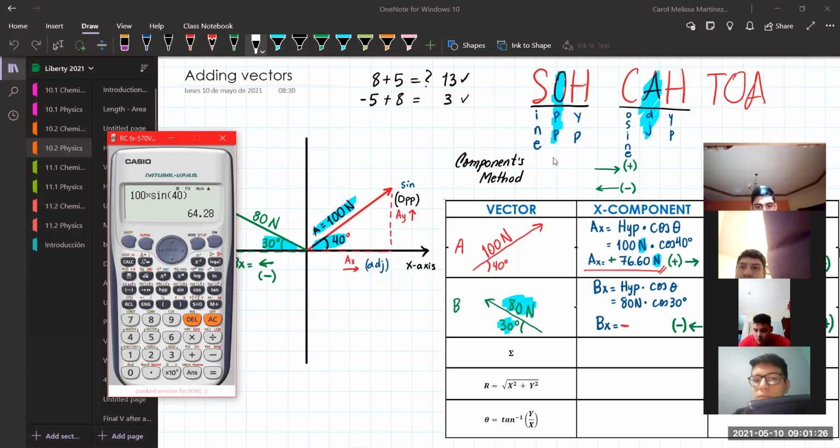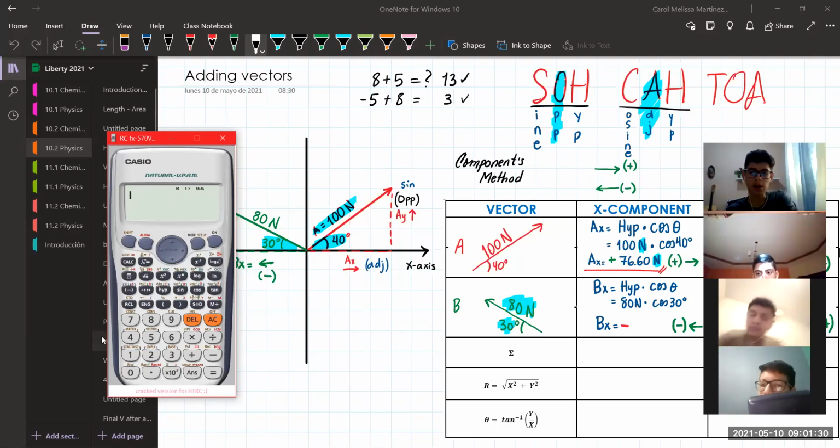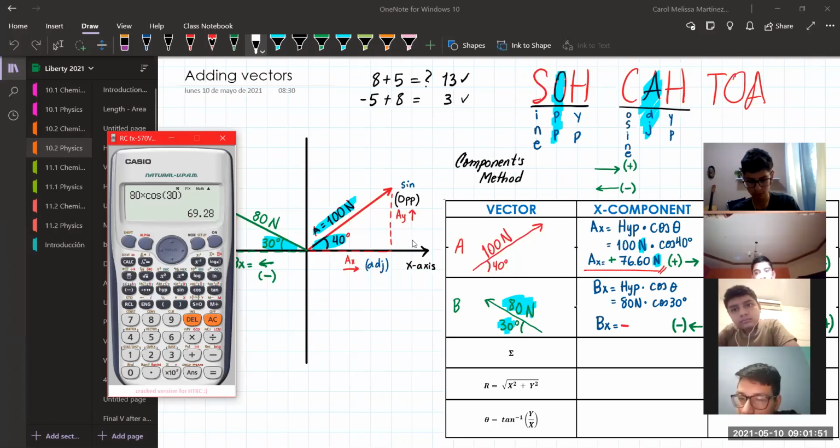How much is it? 69.28. Just remember to do it with me. 80 times cosine of 30, close parenthesis, equals. And there's the answer, okay? Remember that it's negative, so leave it there. And you put the newtons, do not forget.